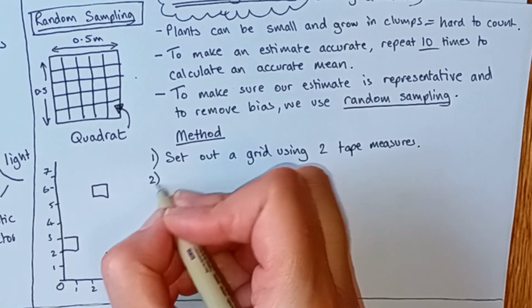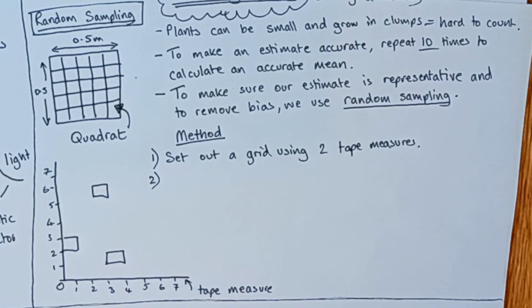The next thing we do is we generate 10 pairs of random coordinates. We could use a random number generator in our calculator or a website. We could roll a dice, anything that removes bias.